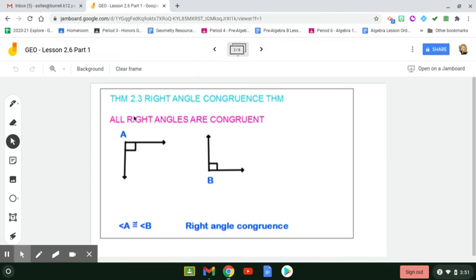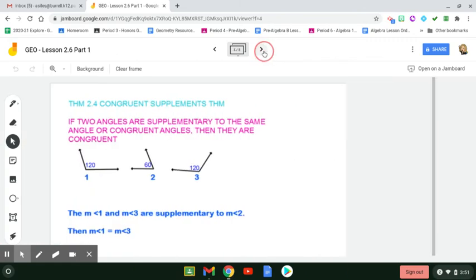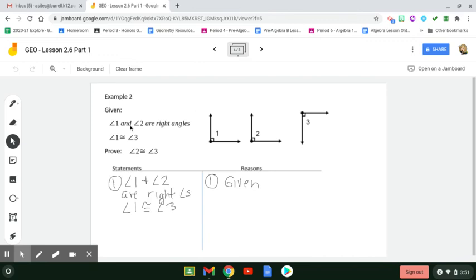If we have any right angles, we can say by the right angle congruence theorem that all right angles are congruent. Well, when we stated that angle 1 and angle 2 are right angles, then we can say right off the bat that angle 1 is congruent to angle 2.